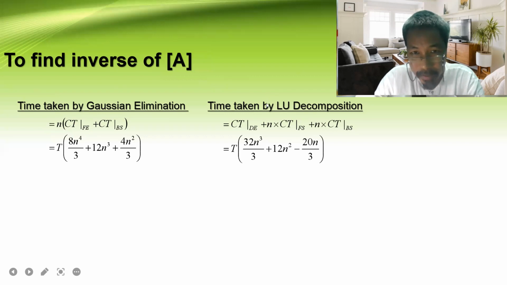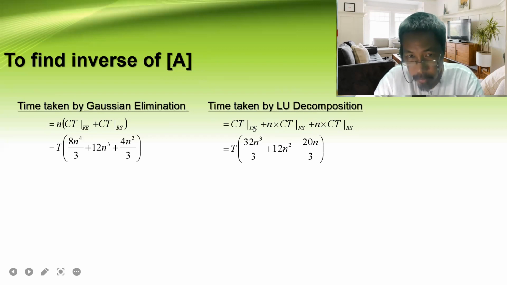So time taken by LU decomposition, just this one, and multiply this one by n, so this has something to do with the additional operation of doing the inverse. So this one and this one for forward and backward only. There is no additional cost for the decomposition process.